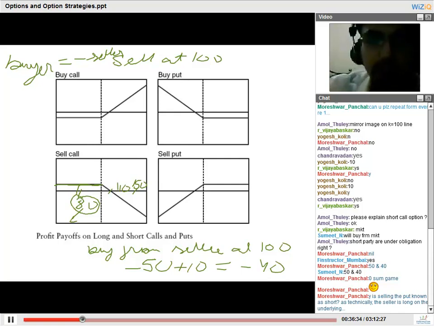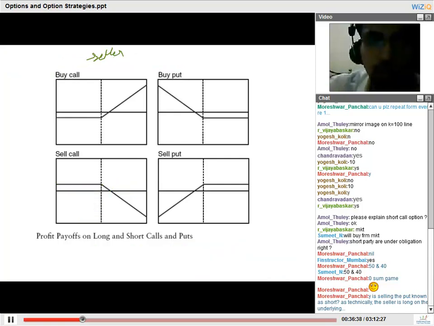I have given someone the right to sell to me at a price of 100. I have charged an upfront premium for that, but he still holds that right.